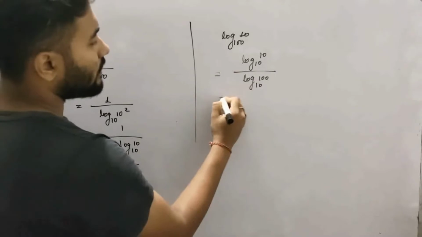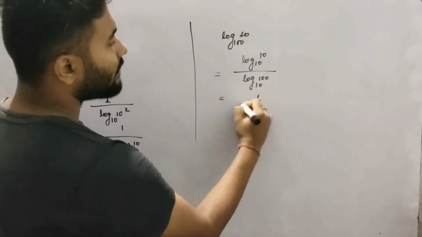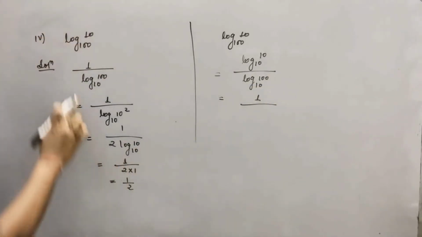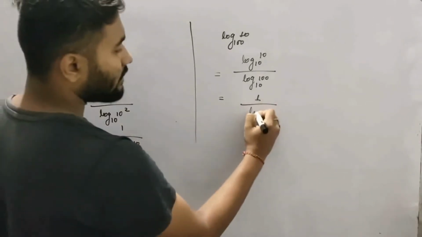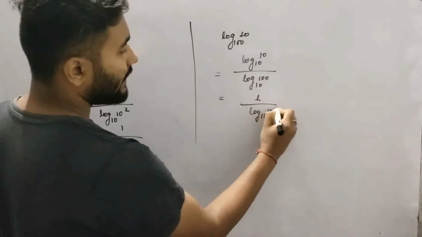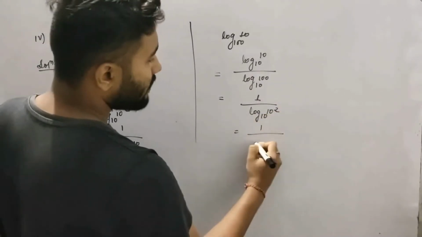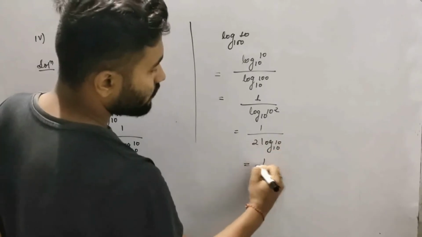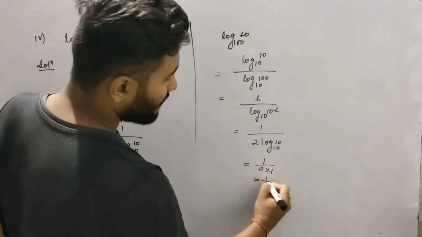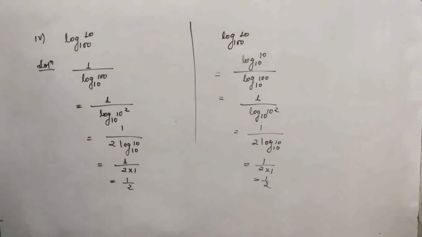So log 10 base 10 is 1. And log 100 base 10 is what? 2, right? Okay, I am doing it again: log 10 to the power 2, so 2 into log 10 base 10, which is 2 into 1. So 1 by 2. Again we have got the answer.